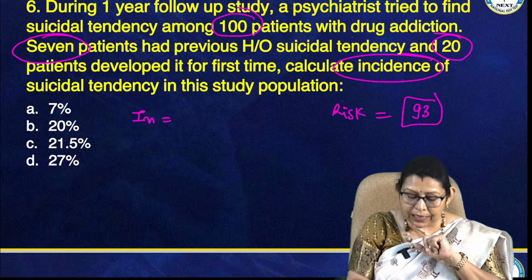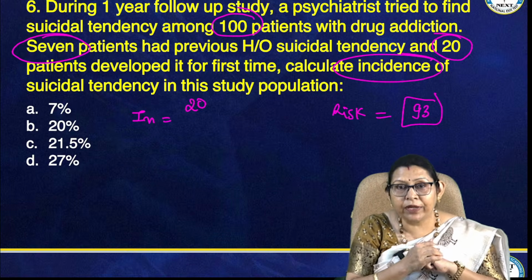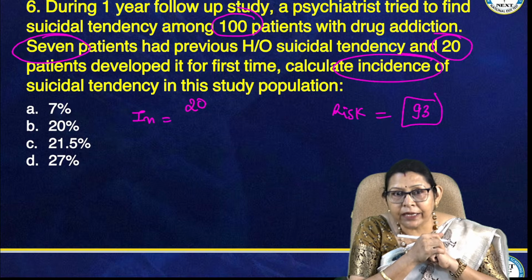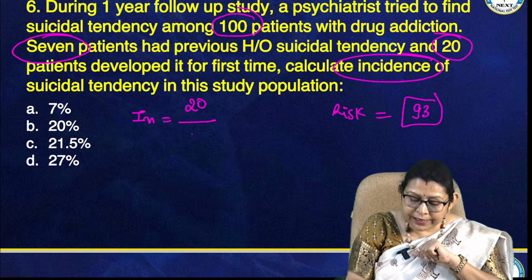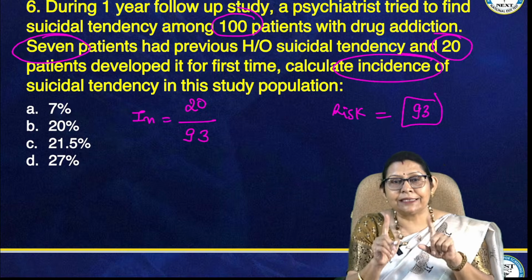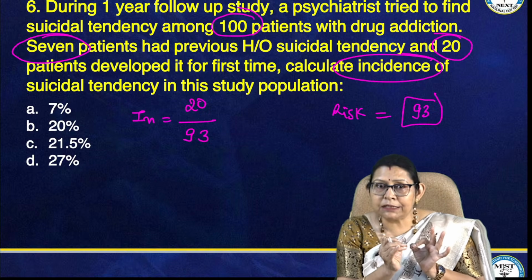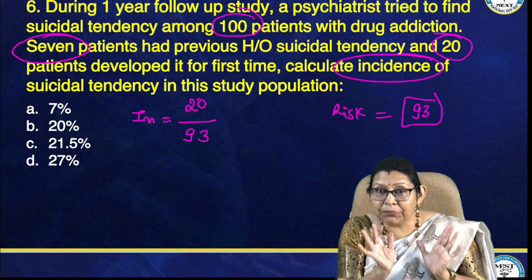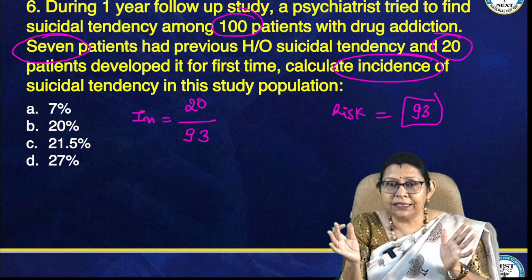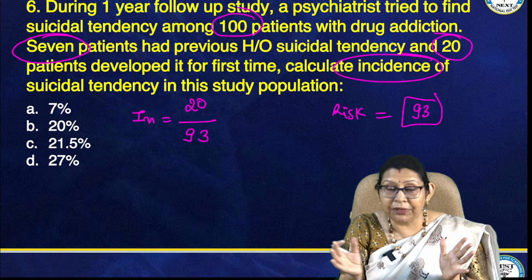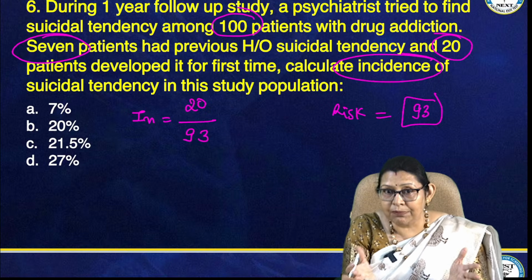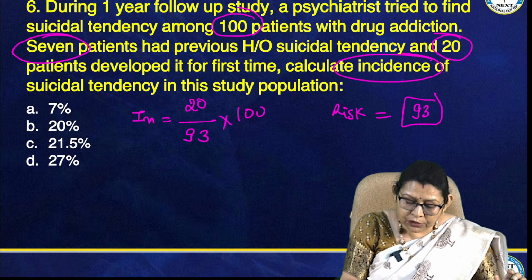The new cases are 20, and it is from the at-risk population of 93. Now see the question, the choices are given as percentages. Normally what is the definition of incidence? It is per 1000, but the choices are in percentage, so I have to convert into 100.